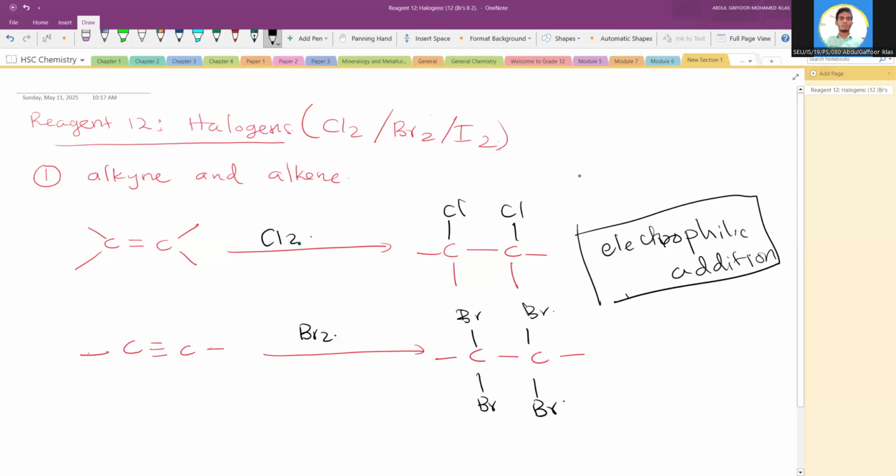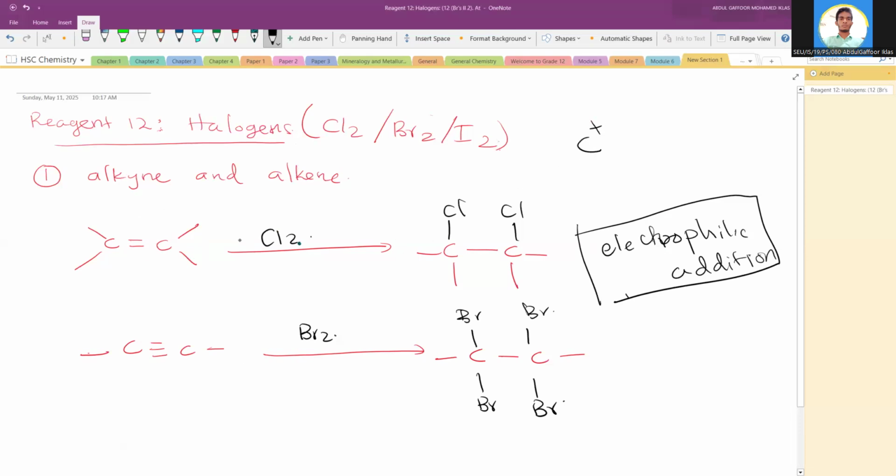Here, we classify organic reactions based on the species that starts the reaction. Electrophilic means it will be a cation, C plus.